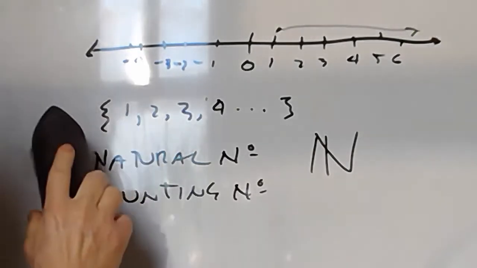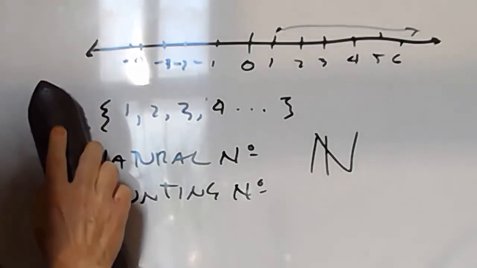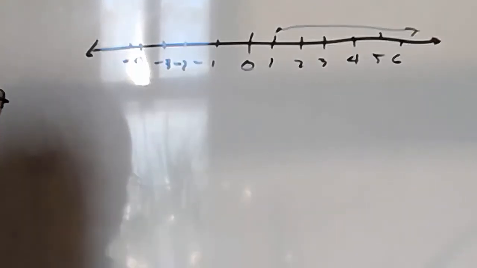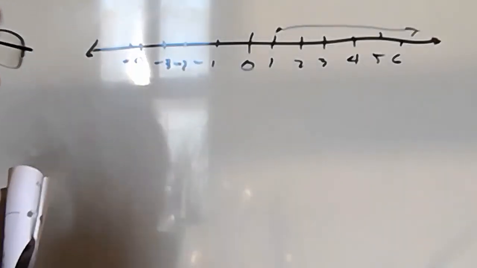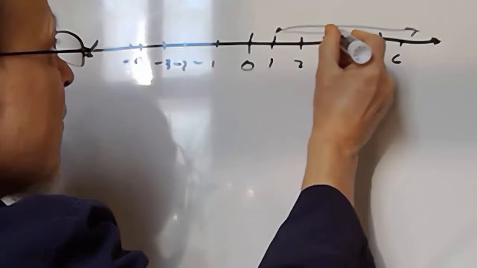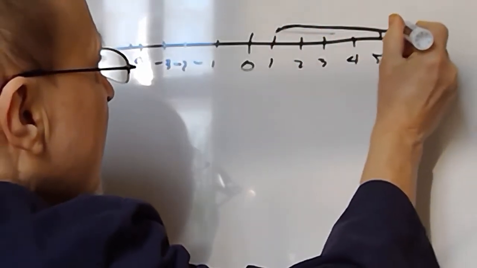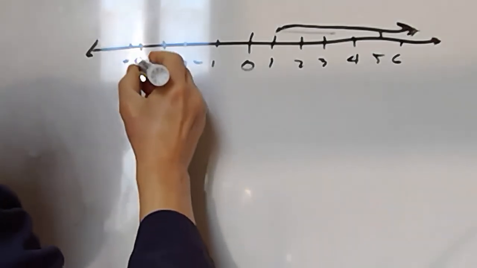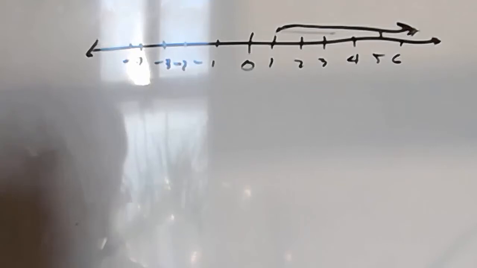Now, if we add in 0 to this, we're going to get what's called the whole numbers.